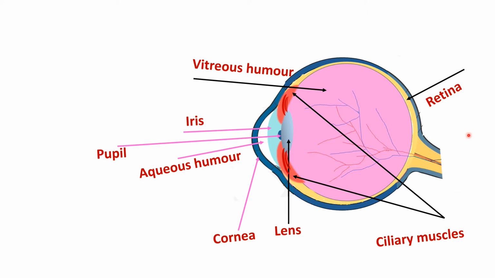Next, suspensory ligaments. Here, these are the suspensory ligaments, and the lens is connected to the ciliary muscles. Here are the ciliary muscles. The lens is connected to the ciliary muscles by the suspensory ligaments.